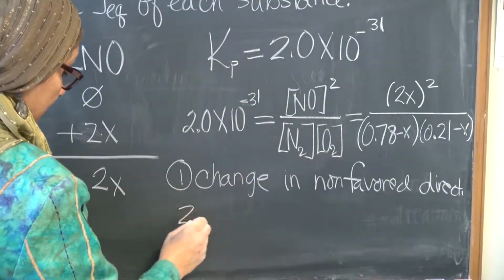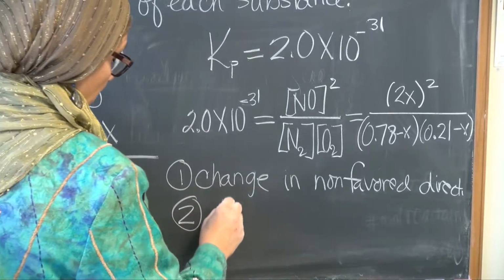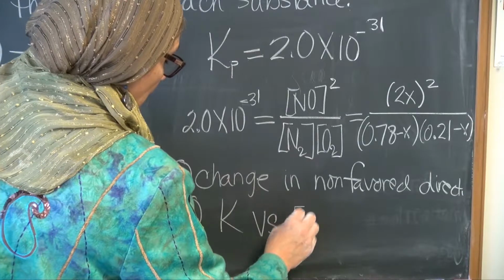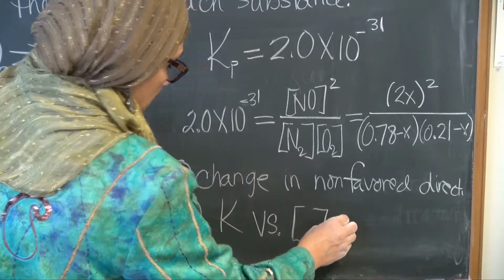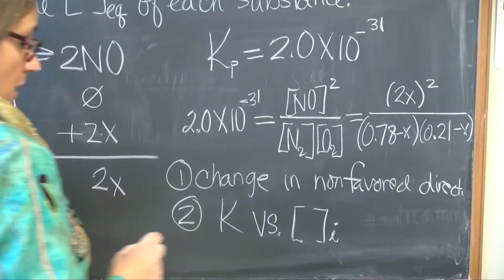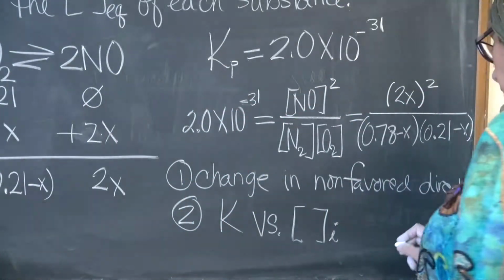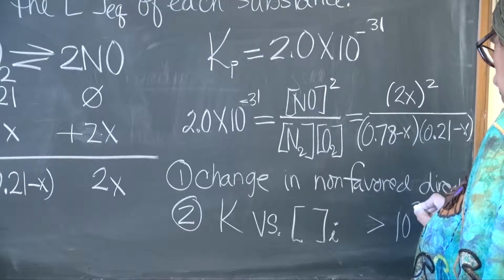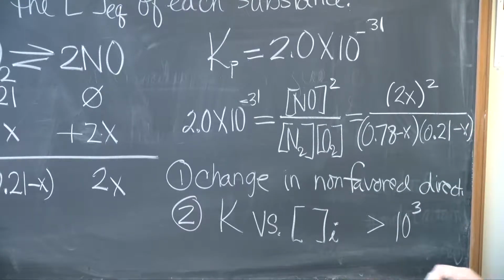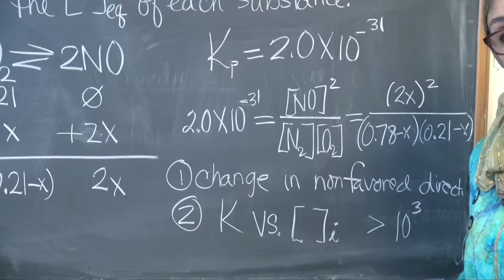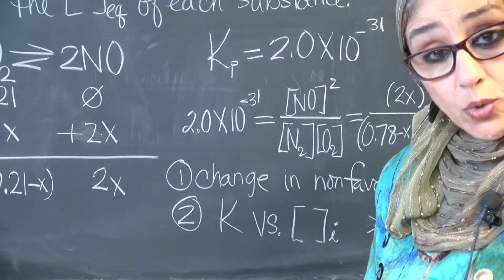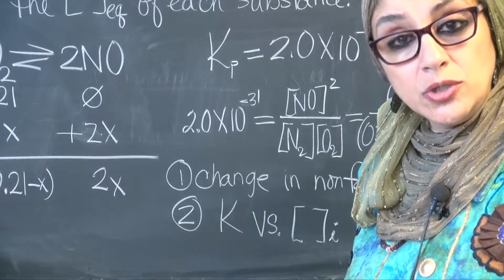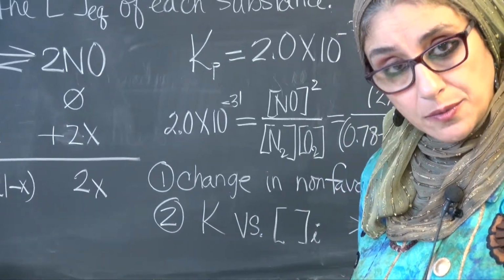And the second criterion is that the value of K compared to the initial concentration of the species in the binomial has to be at least 3 orders of magnitude or higher. The separation of these values has to be at least 3 orders of magnitude. And the greater the difference in orders of magnitude, the more sound the approximation.